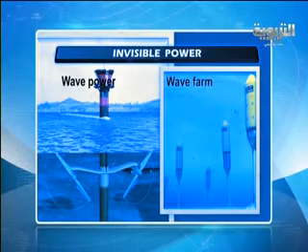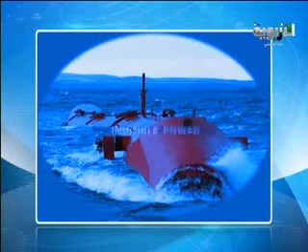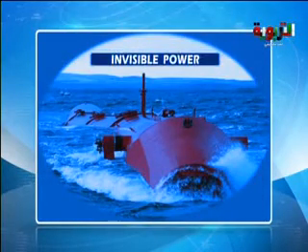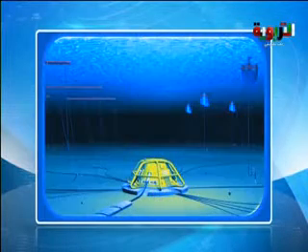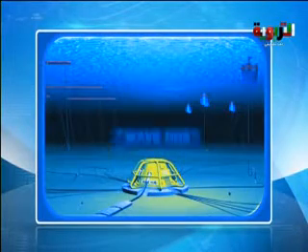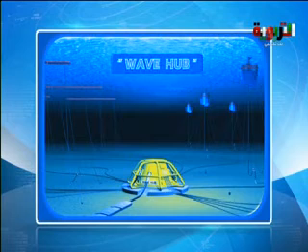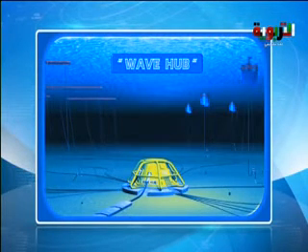We cannot see them. So the word here also, invisible power, this is another kind of invisible power. So a third kind, this is of course a wave hub. This is also another type of invisible power. So the previous pictures, they are all what?